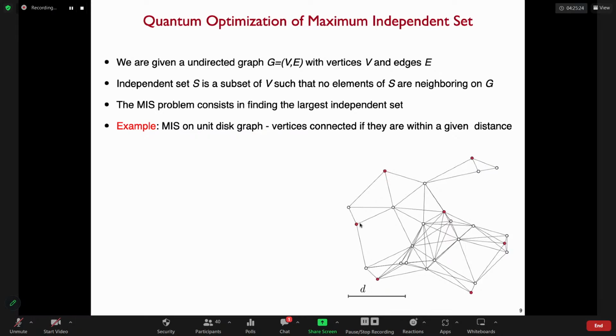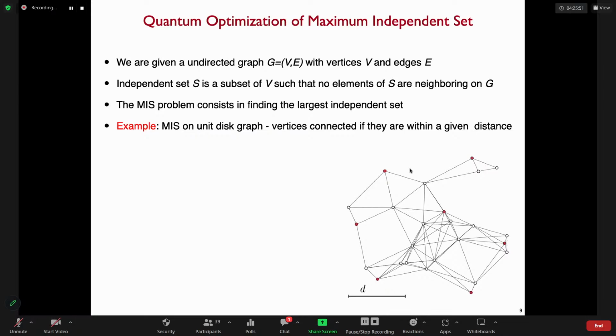And basically what you would like to do is color as many vertices as possible, but you cannot color two vertices which are connected by an edge. That's called an independent set. The goal of this problem is to find the maximum number of vertices that you can color without violating this independent set constraint.